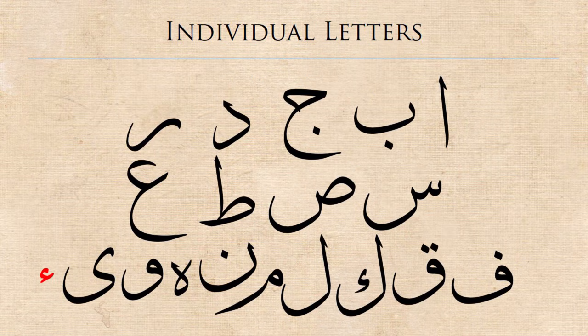An individual letter is essentially a letter that cannot have a physical connection on its right side nor its left side. So in other words, this letter can only be written on its own. It cannot have any physical connections. The only individual letter that is in the Arabic calligraphy alphabet is the Hamza.